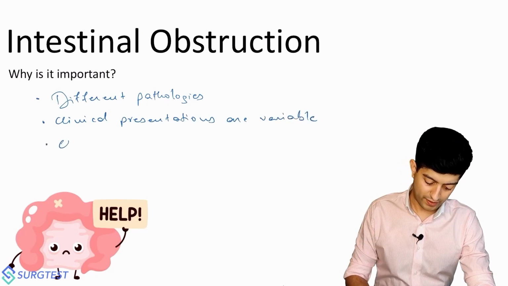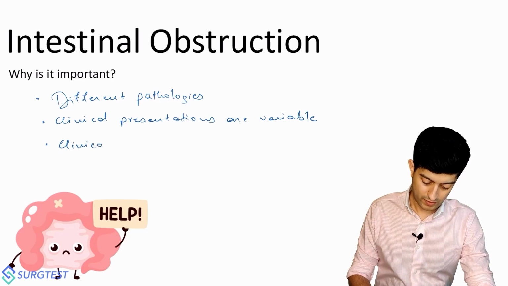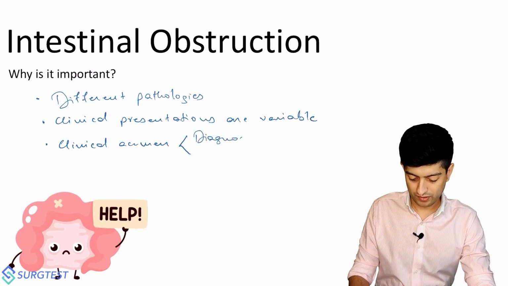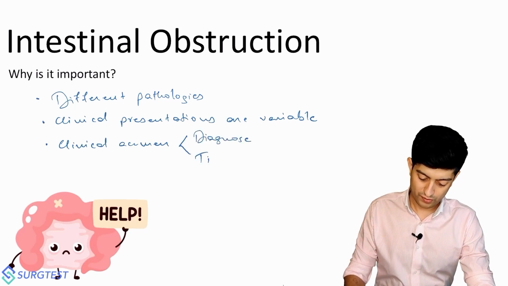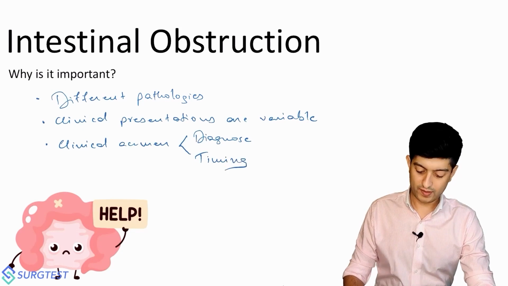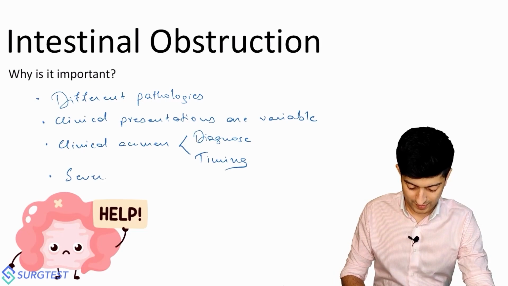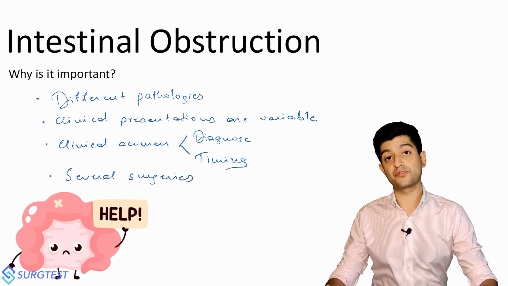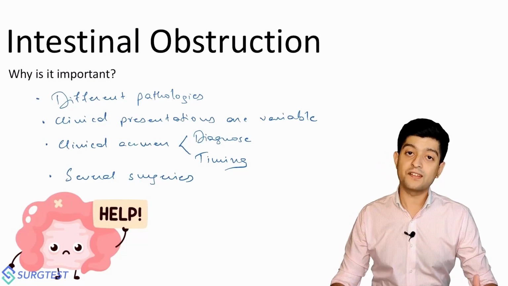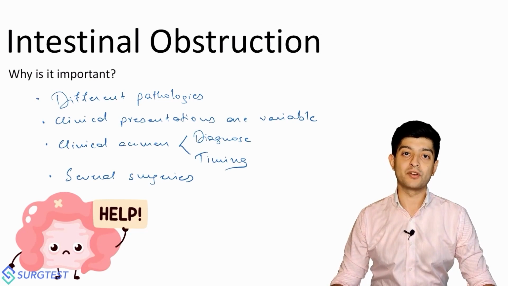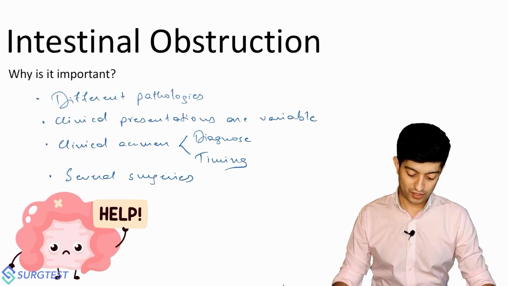You need to have a reasonable clinical acumen to not just correctly diagnose the problem, but also determine the timing of intervention. And the last of which is that there are several surgeries from which you have to choose correctly. All of this is required not just to pass the exams, but also to be able to give your patients a good post-surgical outcome.